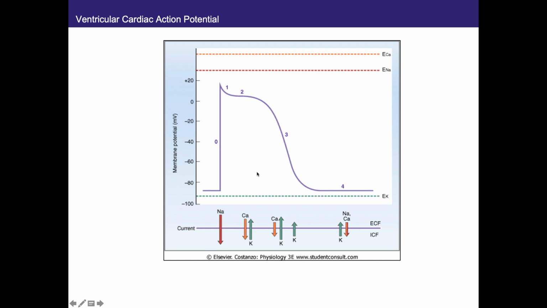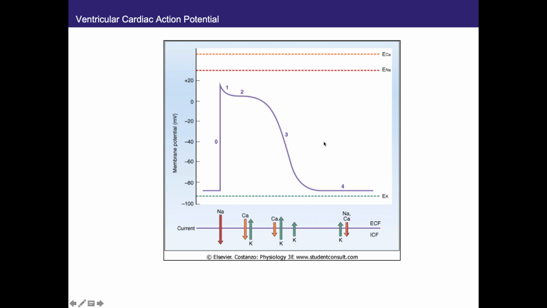Lidocaine targets the voltage-gated sodium channels. Verapamil, if you're in clinics, targets the voltage-gated calcium channels. Amiodarone, maybe you've heard of that, targets these potassium channels. So once you get into the clinics and you think about action potentials, these antiarrhythmic drugs are targeting the action potential waveform to help with arrhythmias.